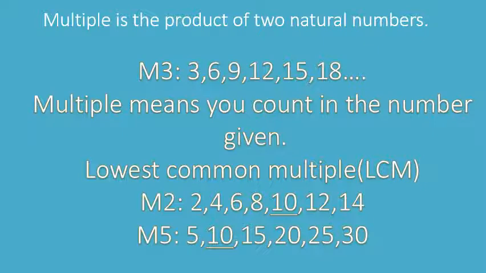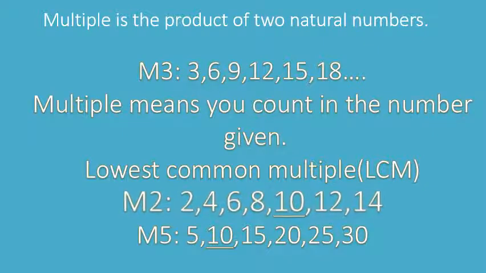We can ask you the lowest common multiple. That means if I give you two numbers, which number do they have in common that is the lowest? So for example, the multiples of 2 is 2, 4, 6, 8, 10, 12, 14. If I ask you the multiples of 5, we count 5, 10, 15, 20, 25, and 30.